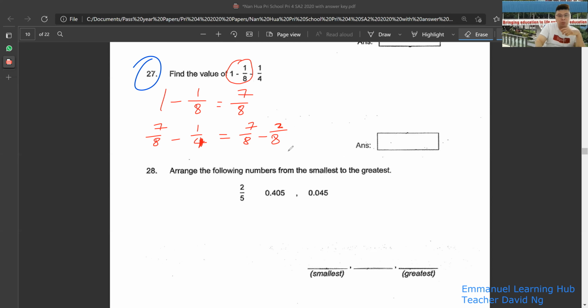Because 4 times 2 is 8, 1 times 2 is 2. So the answer is, what's the answer? 5 over 8. 7 minus 2 is 5. 5 over 8. Okay?